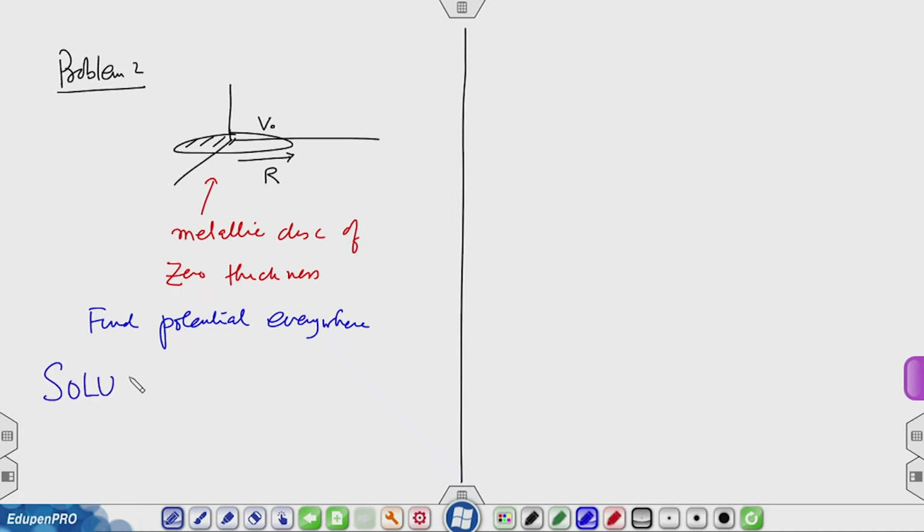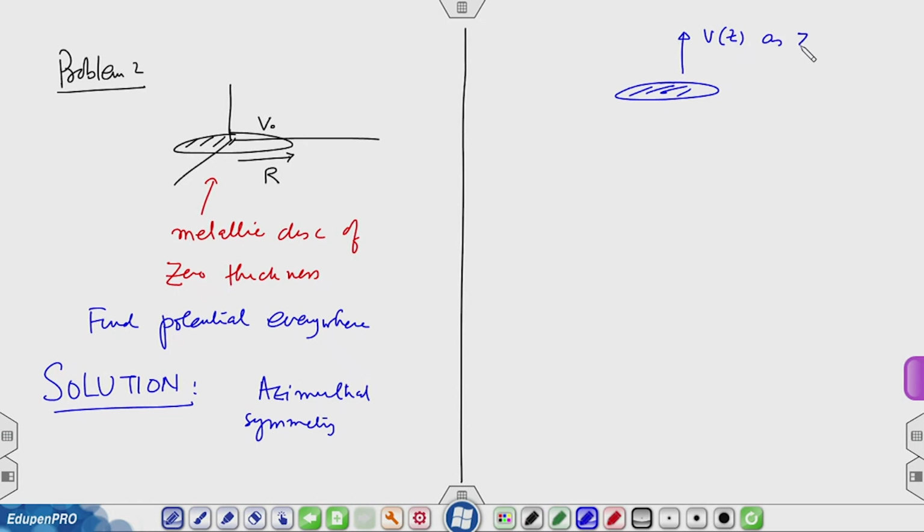So, the solution, what we will do is, again, this is a problem with azimuthal symmetry. So, there is no m, and given this disk, the potential goes to 0 as z tends to infinity, V(s, z) goes to 0. Similarly, on the other side, as z tends to minus infinity, V(s, z) tends to 0.